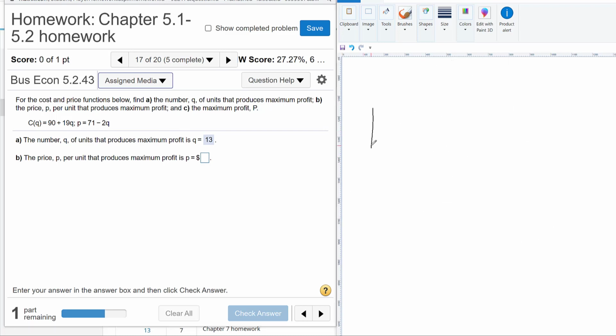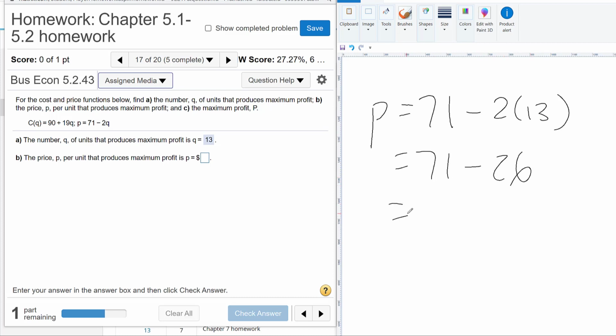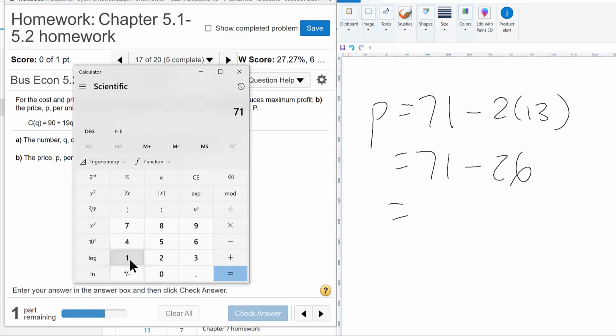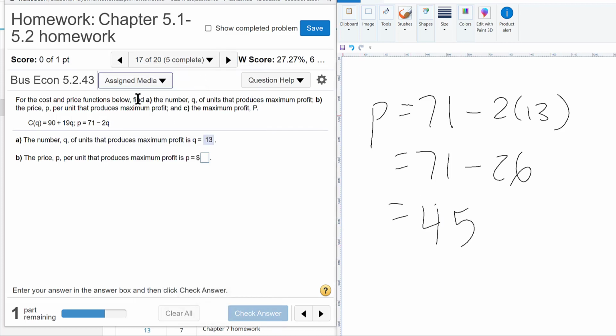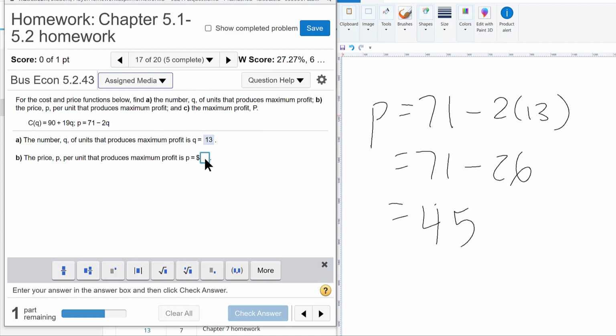So our price is going to be 71 minus 2 times 13, or 71 minus 26. So 71 minus 26, 45. So our price is 45 and we'll assume it's $45. They give us a dollar sign, so $45.